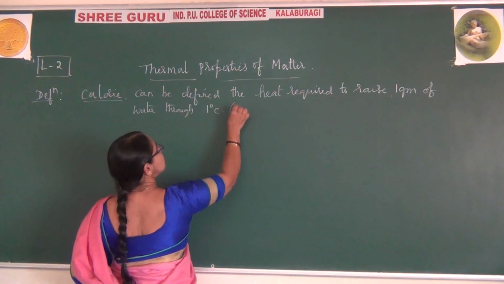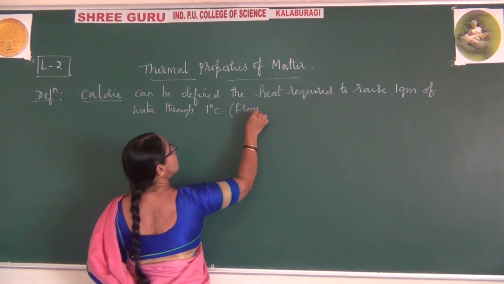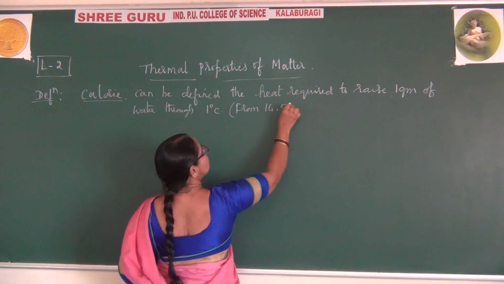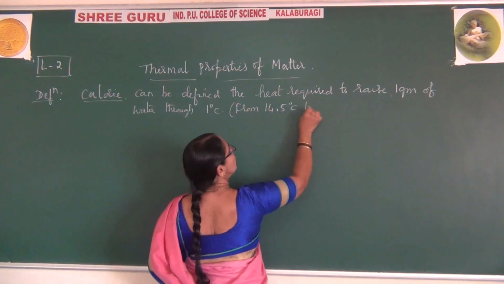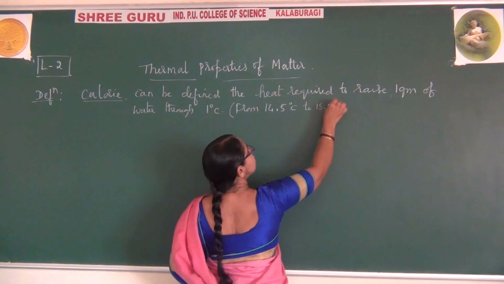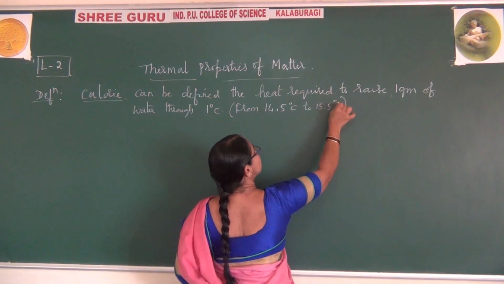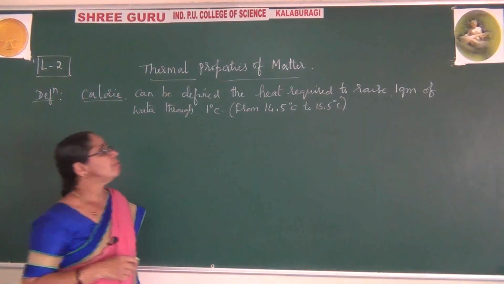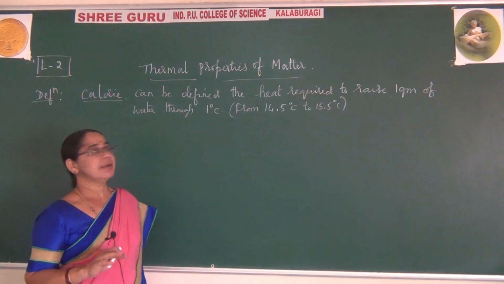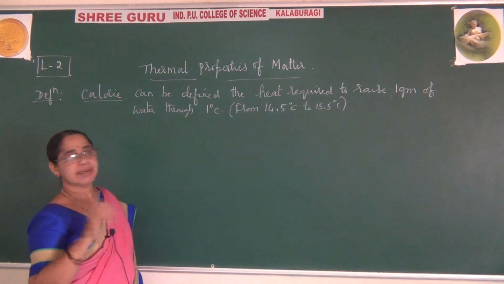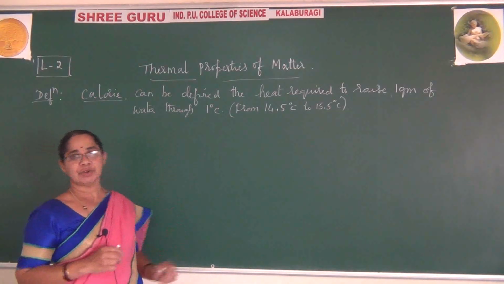What is this degree centigrade? That is what you can observe, nearly 14.5 degree centigrade to 15.5 degree centigrade. This is the range they have observed for how heat rises for 1 gram of water through 1 degree centigrade. This is how you remember the definition.